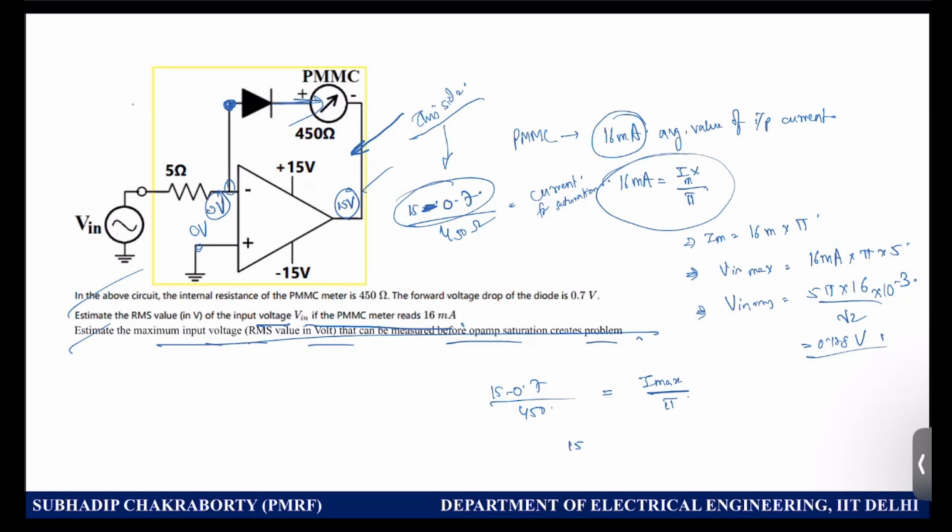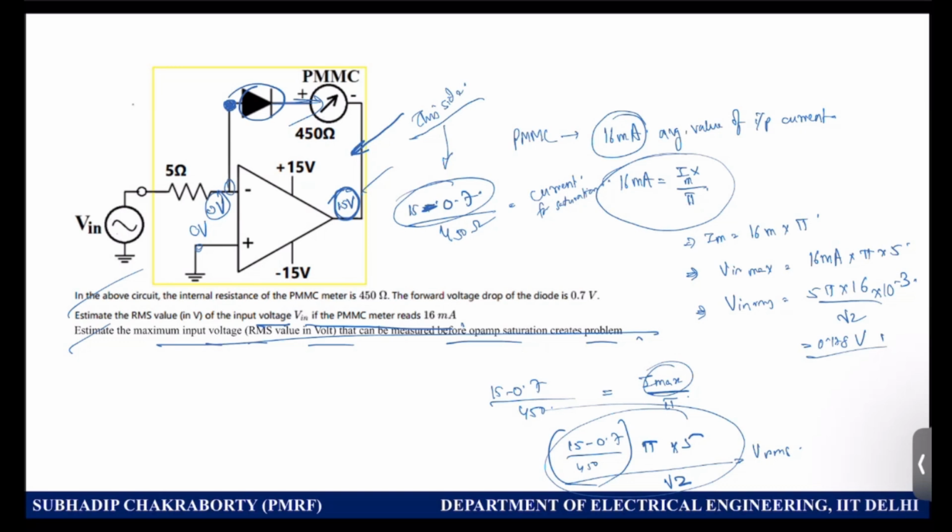So what is the value of Imax? It is nothing but pi times the average. So Imax times R is Vmax, but by root 2 is Vrms. Because if this side we get 15, then only we will have the saturation. So 15, and this will have a forward drop of 0.7.